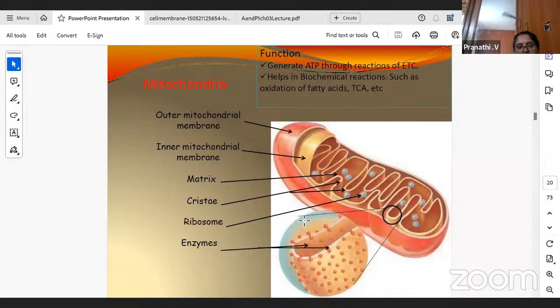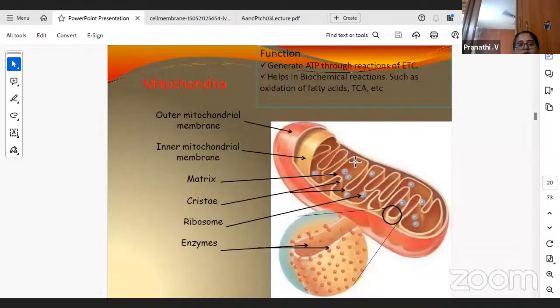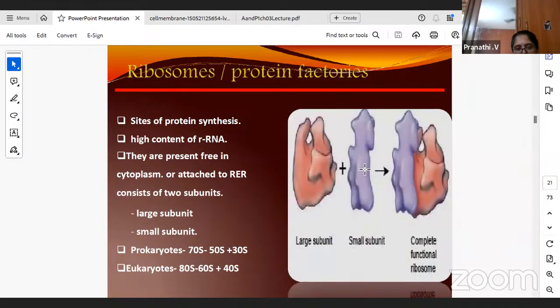So, like I said, basic. If you see the magnified part of this particular cell, the mitochondrial membrane, you're going to see enzymes that are present, and these are the ribosomes that are present. And you can see the matrix, the cristae that are present. Outer, inner, intermembrane space. Now, when it comes to ribosomes, they are the sites of protein synthesis.